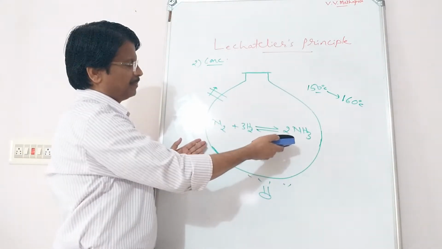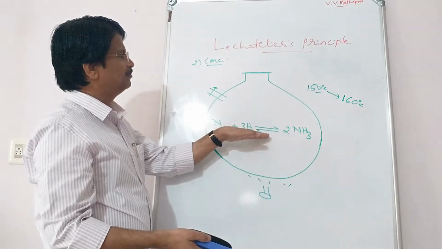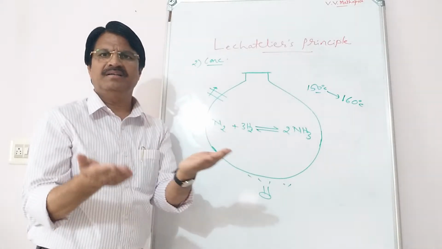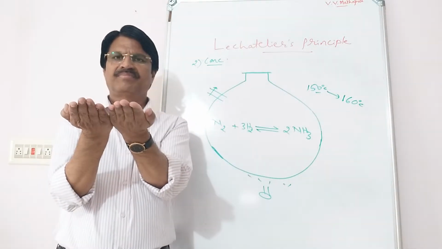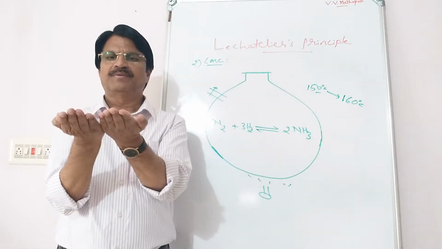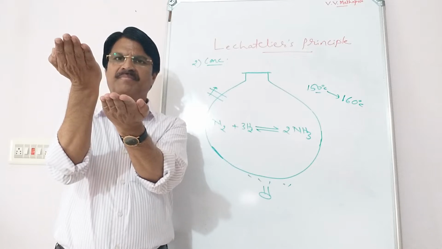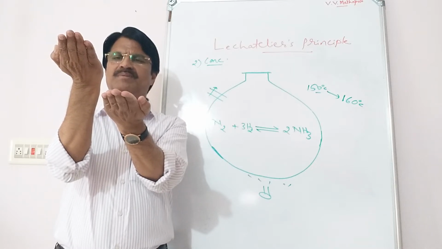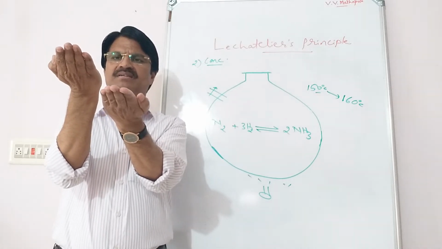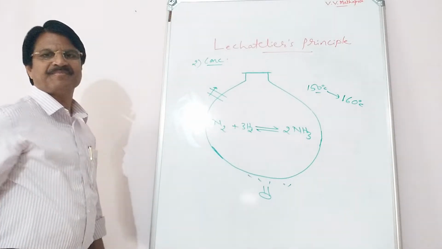N2 and H2 are taken in the vessel and heated at constant temperature, and equilibrium is attained. At equilibrium, see what happens. We are increasing the concentration of N2 and H2. When you increase the concentration of nitrogen or hydrogen, the system tends to decrease the concentration. But how does it decrease? See the equation.